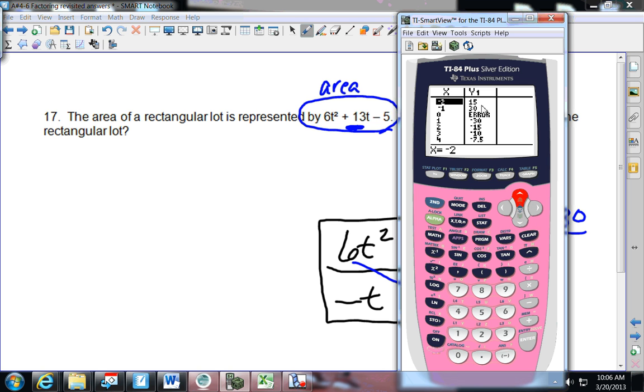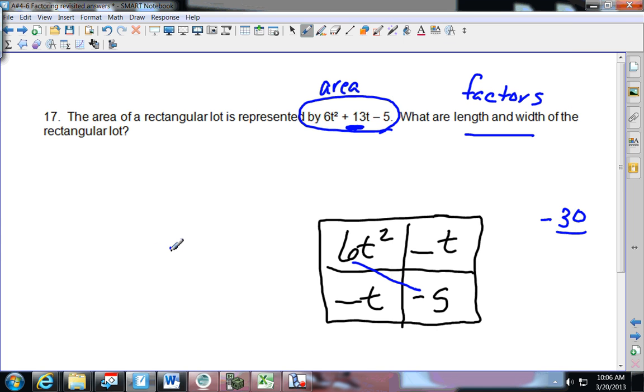Right here, negative 2 and positive 15. If you add those together, it gives you positive 13. So I get negative 2 and 15. Now, the problem is 6t squared can split up a couple different ways. It can be 6t times t, 2t times 3t.